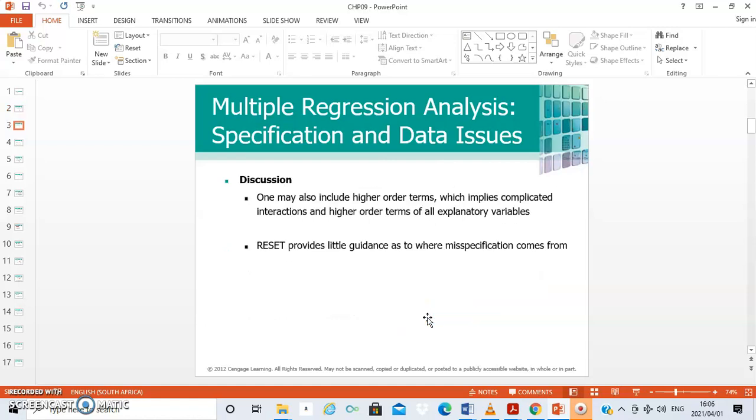But one of the challenges when you include high order terms is that it usually becomes very complicated in terms of interpretation. And that's why it's not always so easy to do.